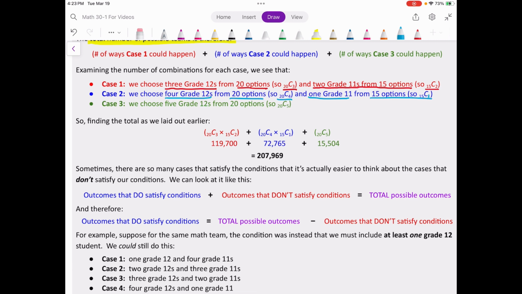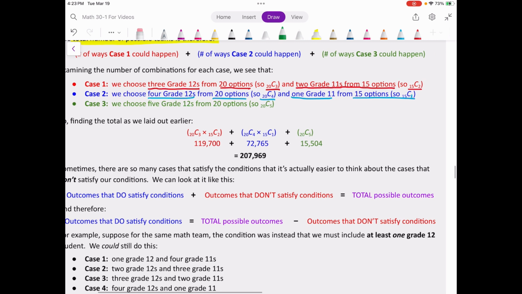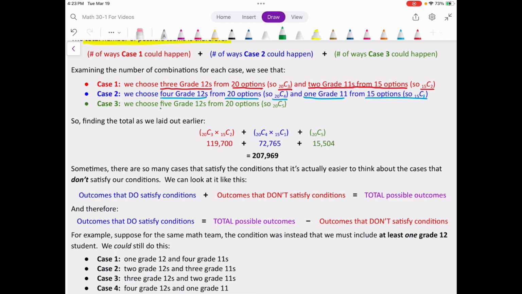And there's one more case, because at least 3 includes all 5 of them being grade 12s. So how many ways are there to choose 5 grade 12s from 20 options? 20 choose 5. You could even, if you're saying, but what about the grade 11s, right? You could actually include them. There's 15 grade 11s, and we're choosing 0 of them.